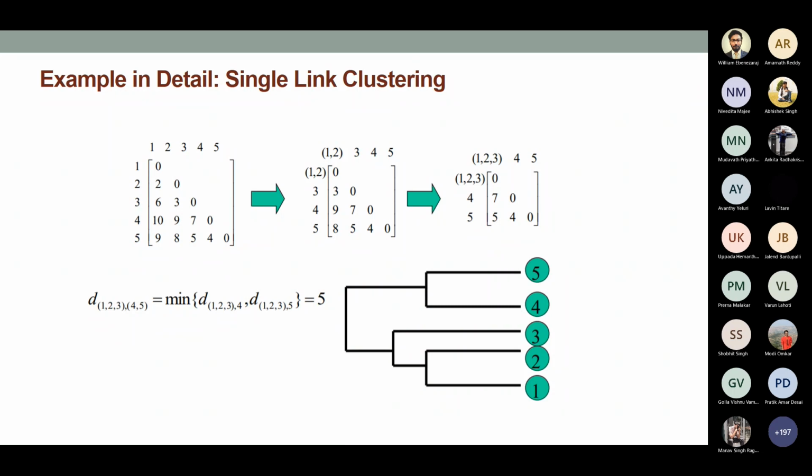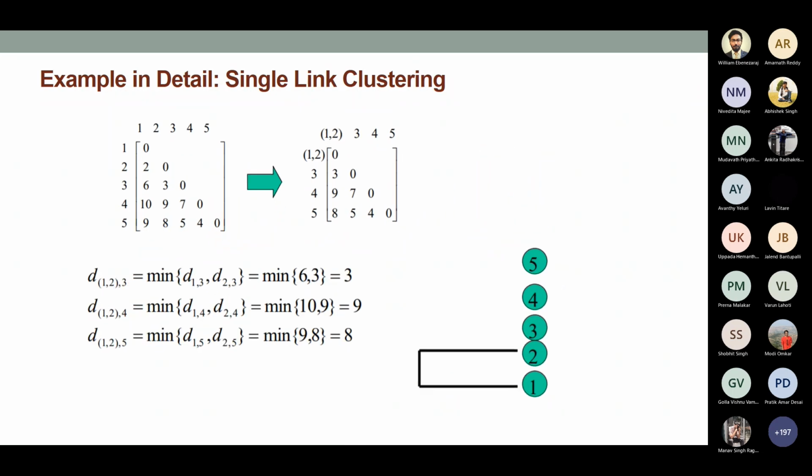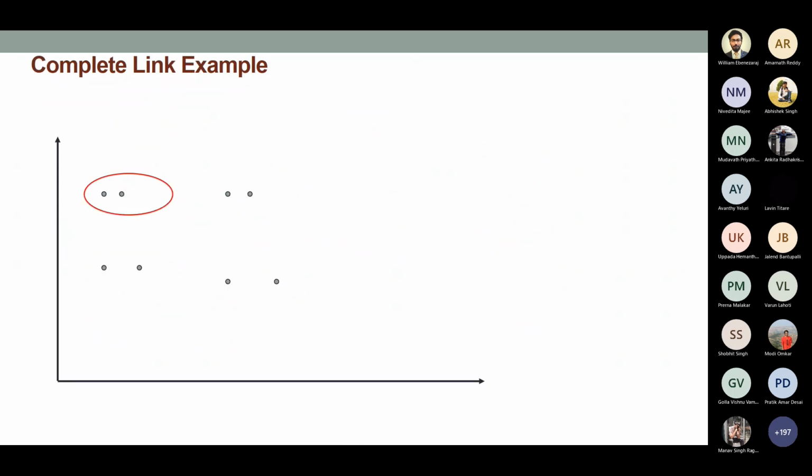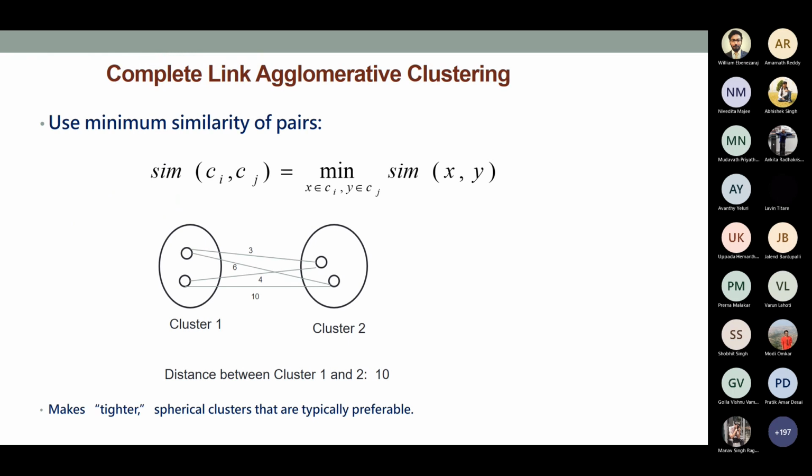Let me show you the definition of the complete linkage similarity measure. The distance between two clusters or groups is defined by the two points having the highest distance.